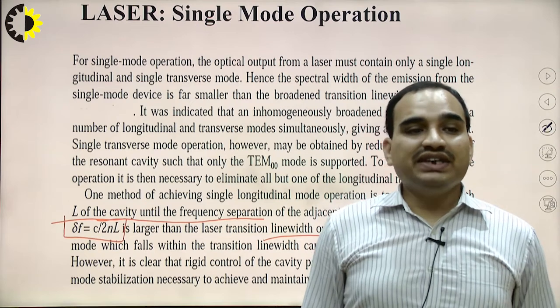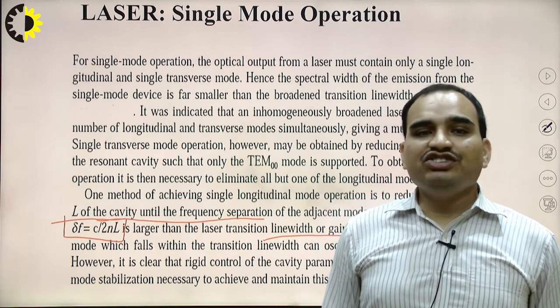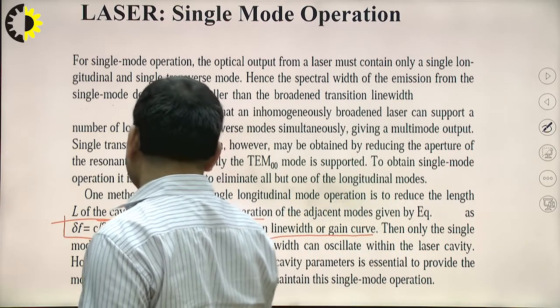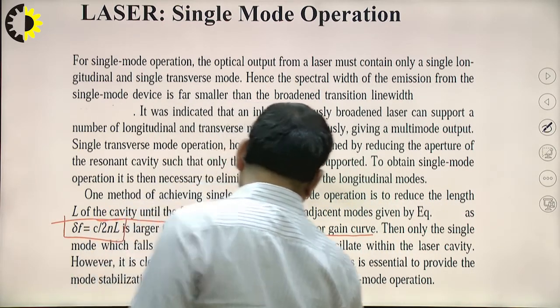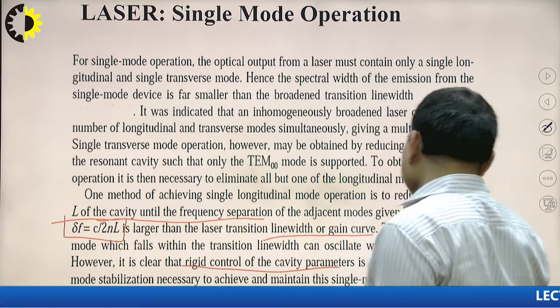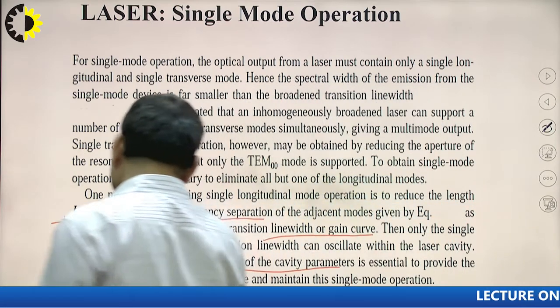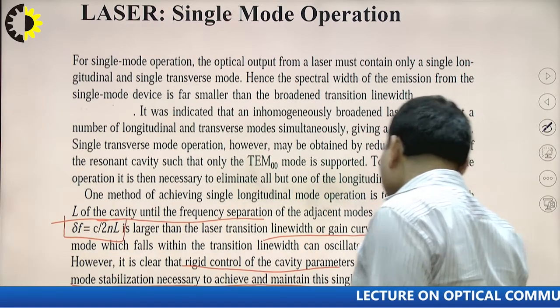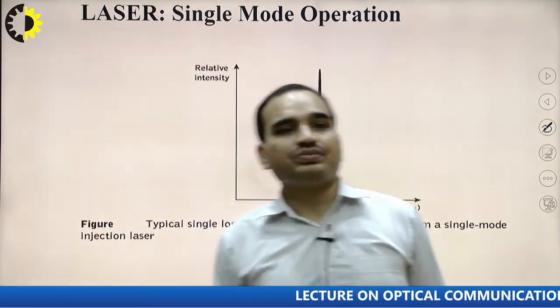Then only the single mode which falls within the transition linewidth oscillates within the laser cavity. So it is clear that rigid control of the cavity parameters is essential to provide the mode stabilization necessary to achieve and maintain this single mode operation.